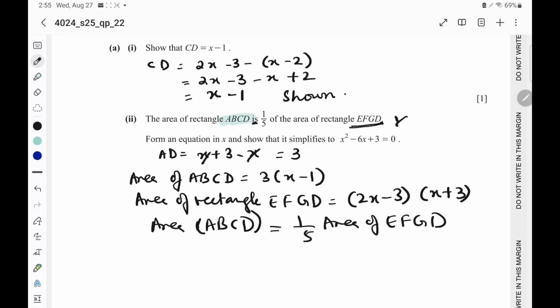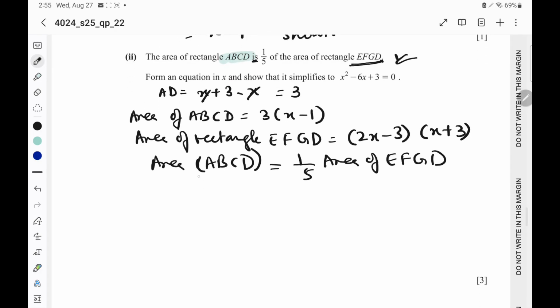This is in the statement. So just write down: the area of the rectangle ABCD, 3 times x minus 1, is 1 upon 5 times 2x minus 3 and x plus 3.